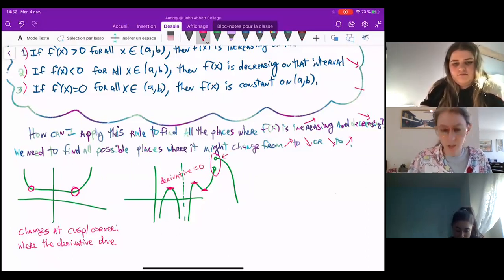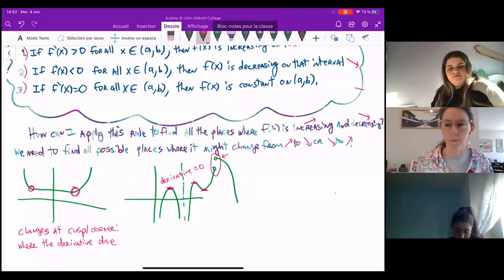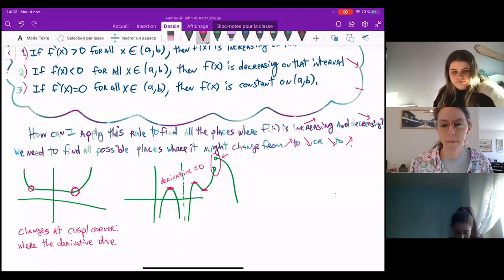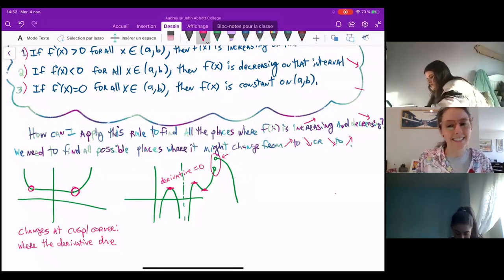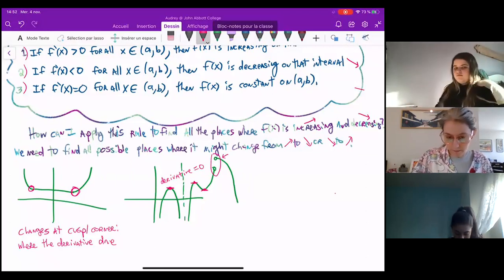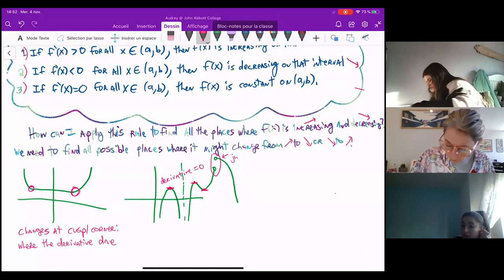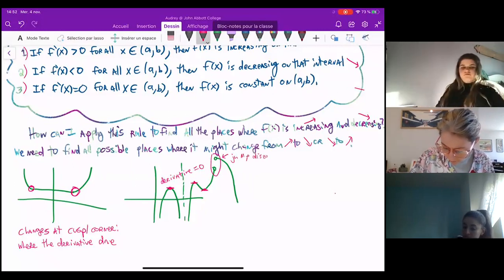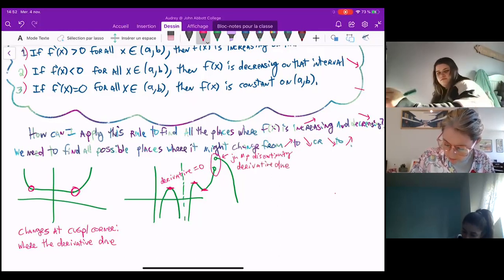And what about at this place right here? What's happening at the place that I've circled there? A discontinuity, I have a jump discontinuity. And does the derivative exist at a jump discontinuity? You got it. So jump discontinuity, and here the derivative does not exist.